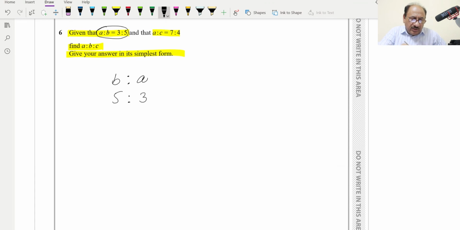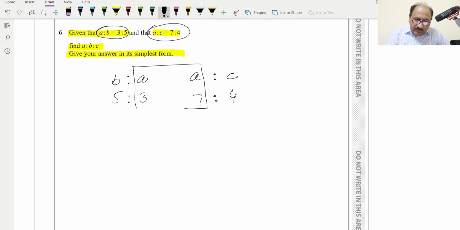I have simply swapped A and B. Now we can write this ratio as A ratio C, and this will be 7 ratio 4.